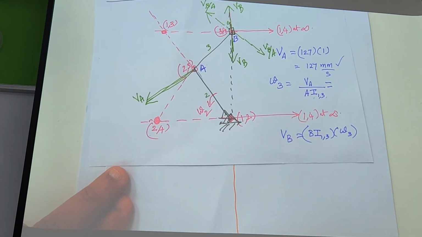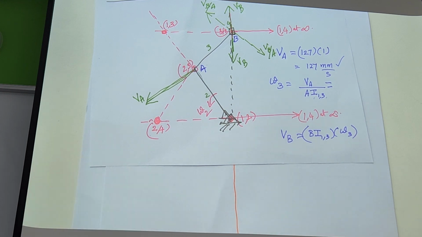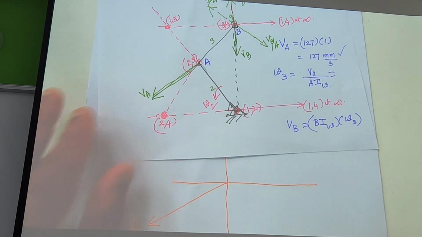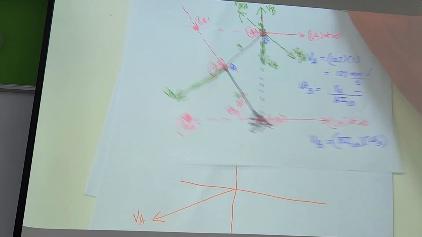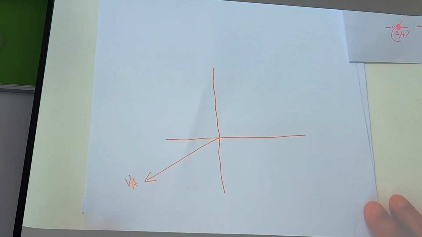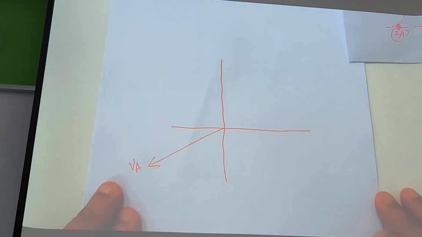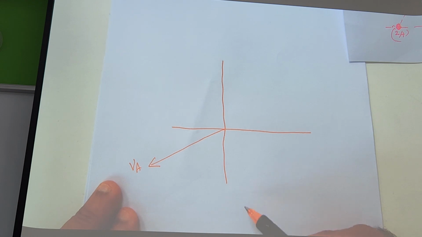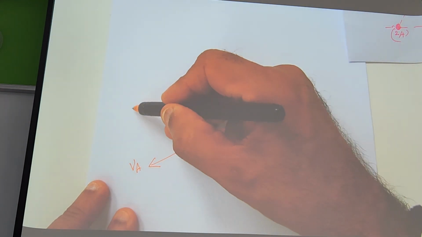So your velocity A will be something like this. Okay, so velocity B to A will be like this.